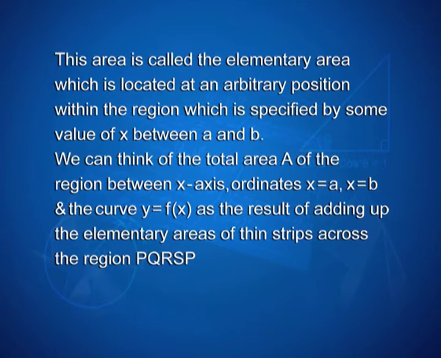We can think of the total area A of the region between x axis, ordinates x = a, x = b and the curve y = f(x) as the result of adding up the elementary areas of thin strips across the region PQRSP. But it is only the numerical value of the area which is taken into consideration.